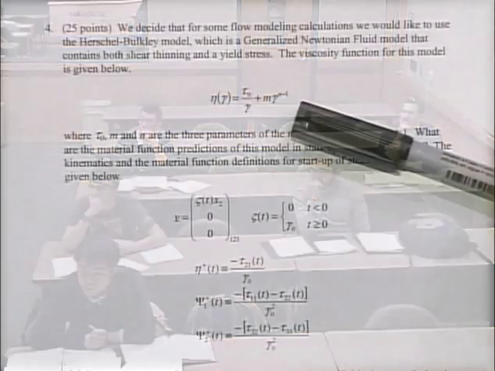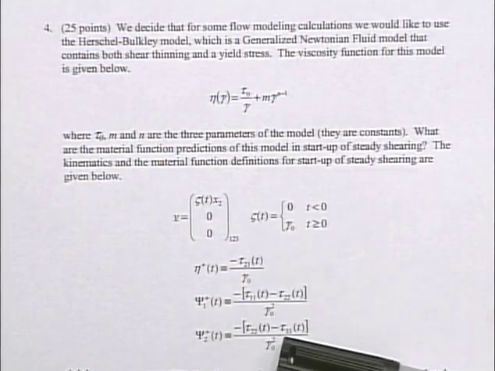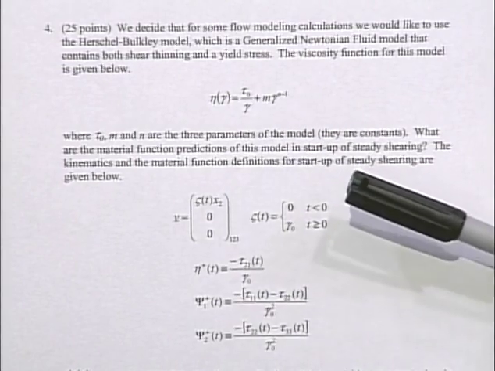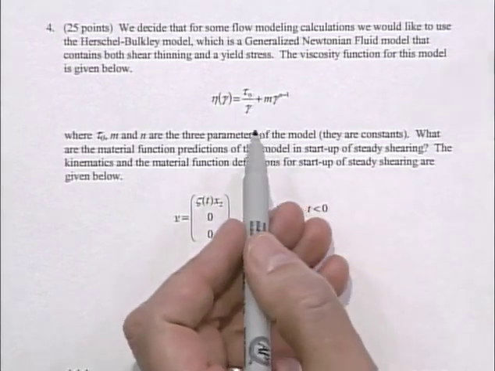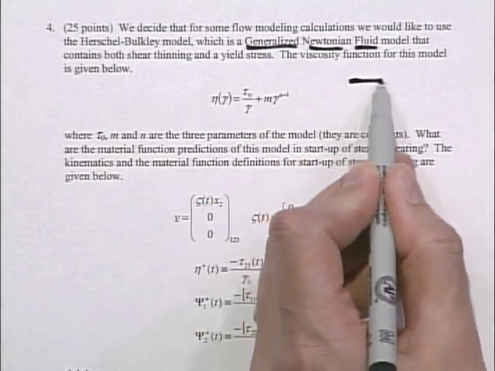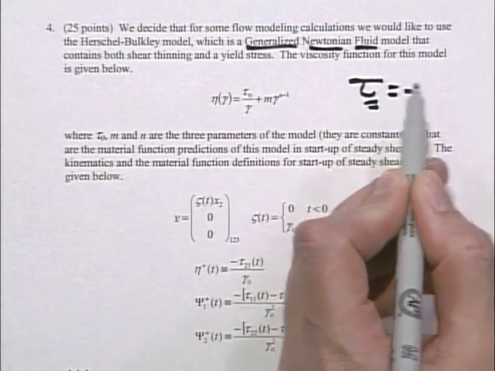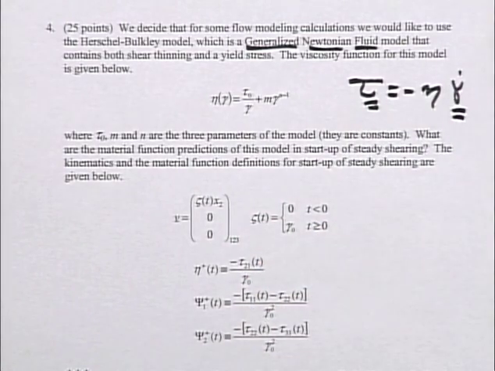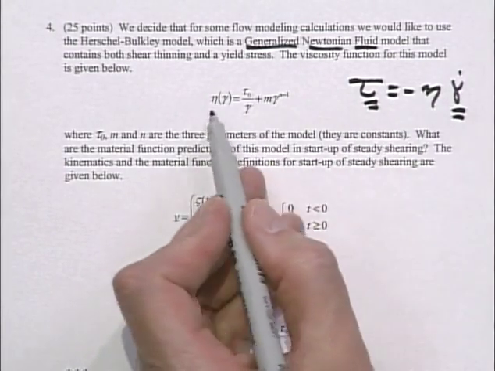Right. So in order to make the prediction for the stresses, we're going to construct the constitutive equation. And this is a generalized Newtonian fluid. Generalized Newtonian fluid is tau equals minus eta gamma dot tensor. So eta is this function here.